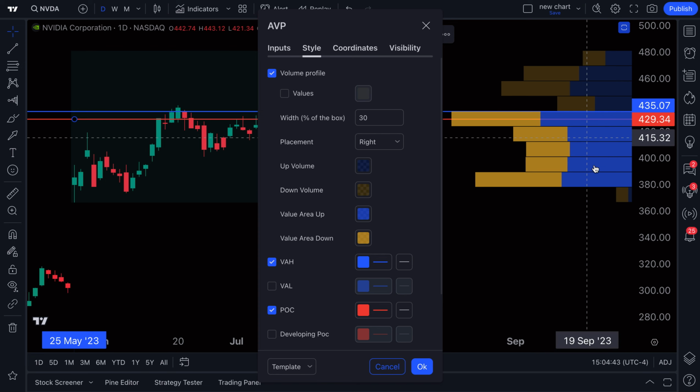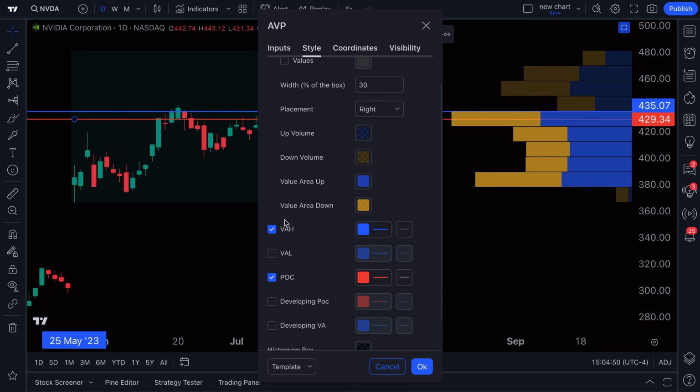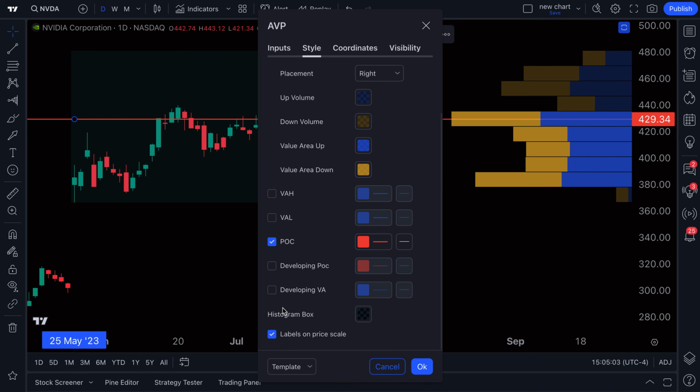Where is the majority of trading volume happening versus maybe a little less that you shouldn't keep your eyes on so much. Up to you. You can customize it. The value area at the high, that's the blue line here. So it just shows you the absolute high of the volume-based profile. Point of control, which we discussed. Value area low. It's all here for you.